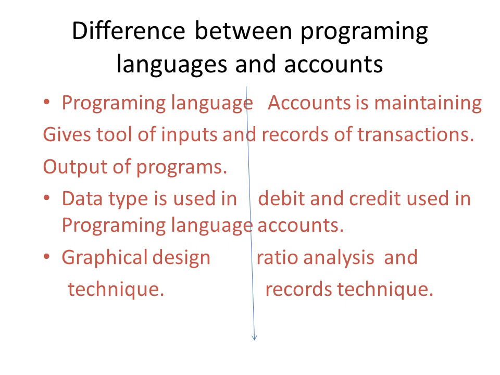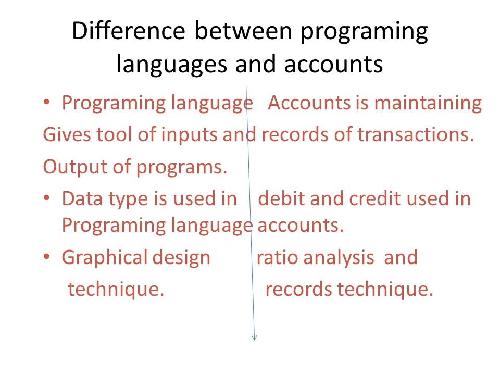The last and final point is graphical design techniques. In programming languages like VB.NET, if you write correct coding, then the output will give a graphical method. In other programming languages also the output will be graphical design. In accounts there is ratio analysis and cost taking.